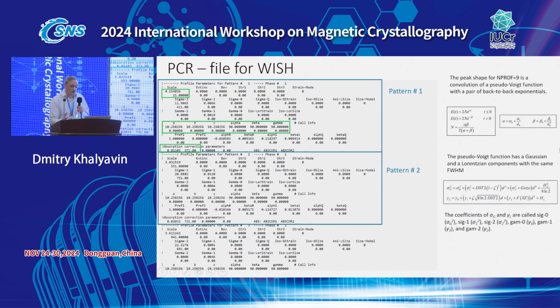And the pseudo-Voigt function is a standard linear combination of Gaussian and Lorentzian components with the same width, so the same full width at half maximum. And again, it has some dependence on d, which is parameterized using sigma 1, sigma 2, sigma 3 for linear, quadratic, and so on parts as a function of d.